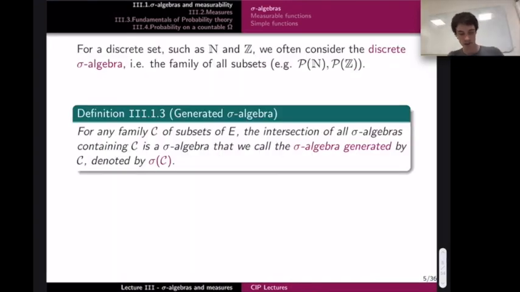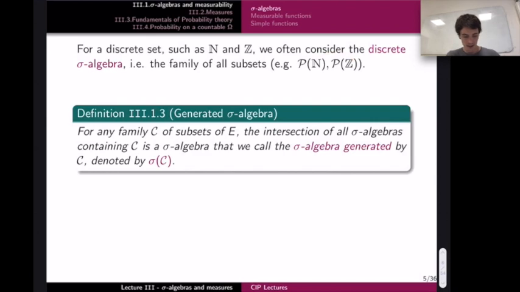For a discrete set, such as the set of natural numbers, it's quite natural and quite often we consider the sigma algebra of all the subsets of N, or all the subsets of Z. So that's P of N or P of Z. But when it comes to the integral or to real-valued functions, you might ask, what is a natural sigma algebra to put on R or on R^d?